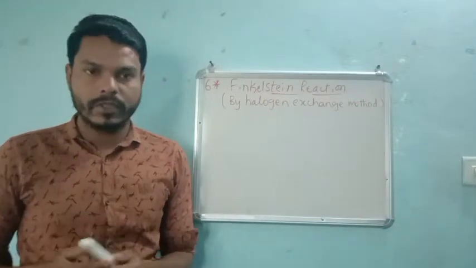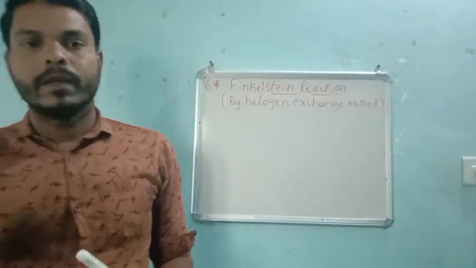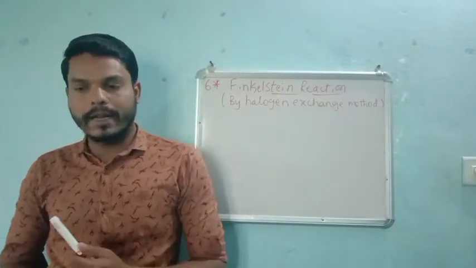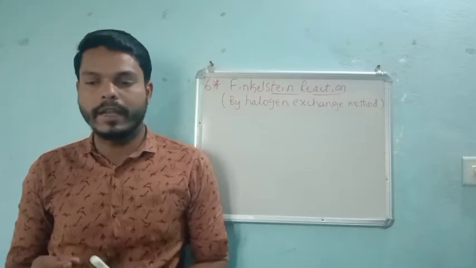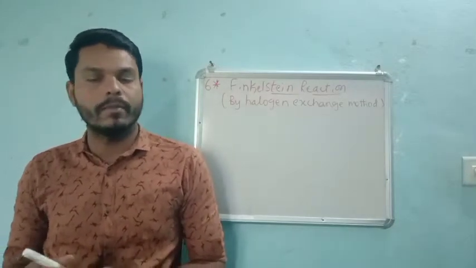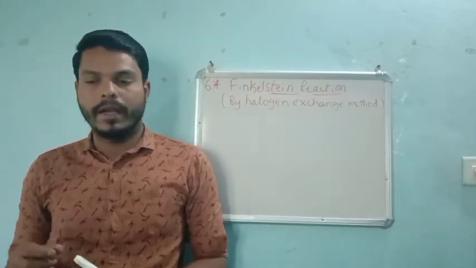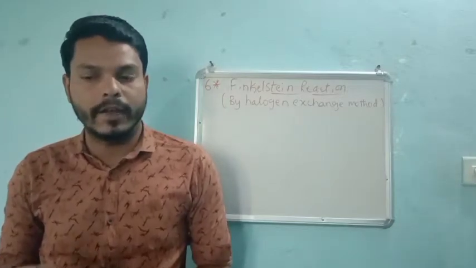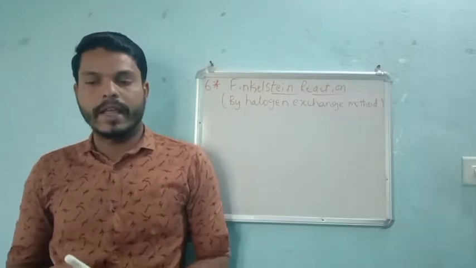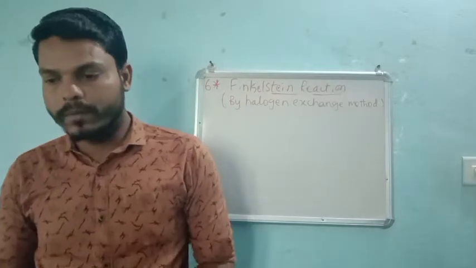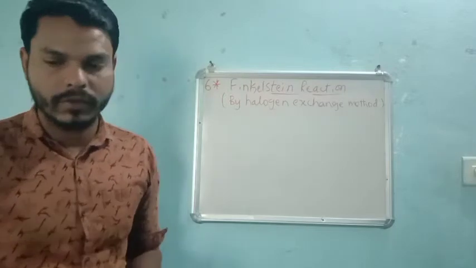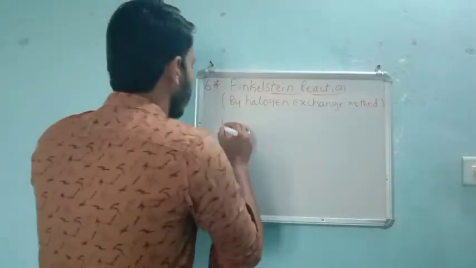In this reaction, alkyl chloride or alkyl bromide when heated with a solution of sodium iodide in dry acetone gives the corresponding alkyl iodide. This reaction is called what? Finkelstein reaction.